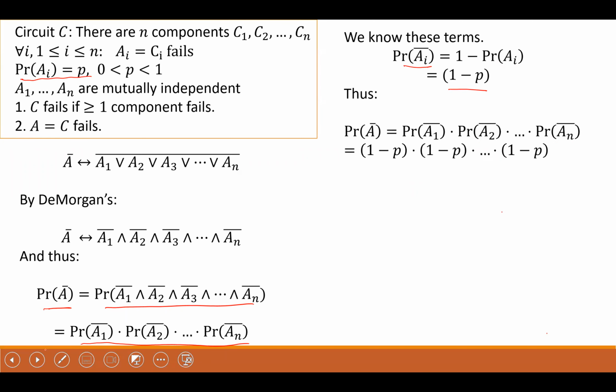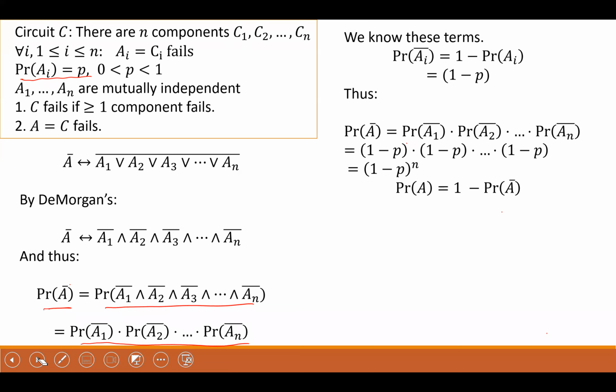And then we can write out our expression. Each of these is equal to 1 minus P. So it's the product of 1 minus P times itself n times, or (1 minus P) to the power n. Okay, questions so far? Okay, good.